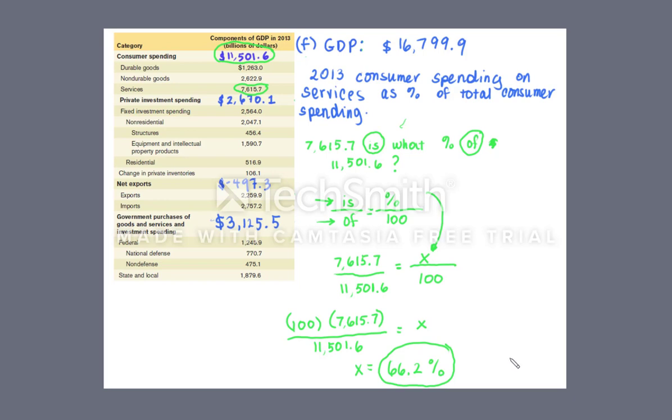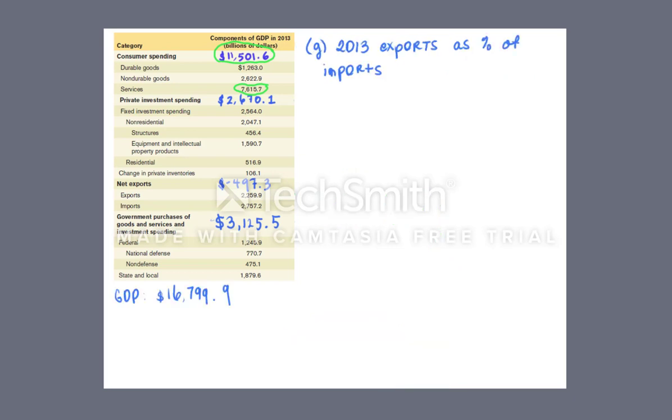In Part G, we are asked to calculate 2013 exports as a percent of imports.